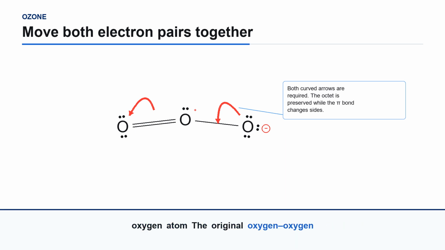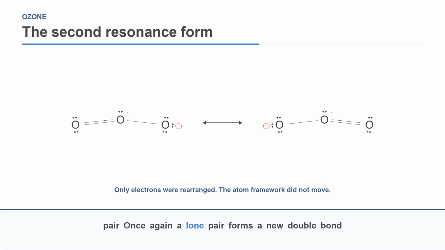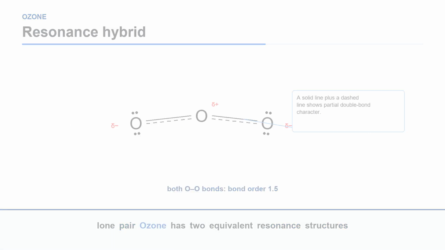The original oxygen double bond becomes a single bond. The oxygen atom receives the electron pair as a new lone pair. Once again, a lone pair forms a new double bond, and the pi bond from the original double bond becomes a lone pair. Ozone has 2 equivalent resonance structures.